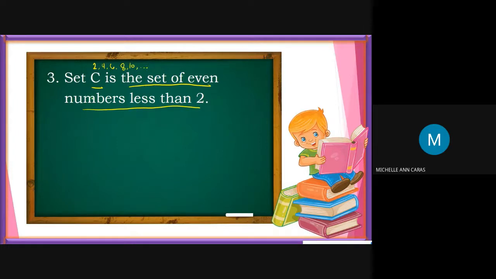Pero, ang pamangkot is less than 2. Mas nubo siya sa 2. Ang atong even number, nag-umpisa siya sa 2. So, therefore, wala sa number na less than 2 ng even number. So, ang answer ta is 0, since the value of C is an empty or a null set.